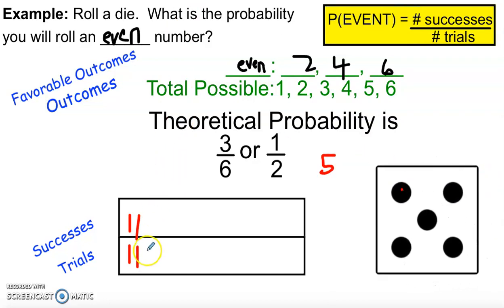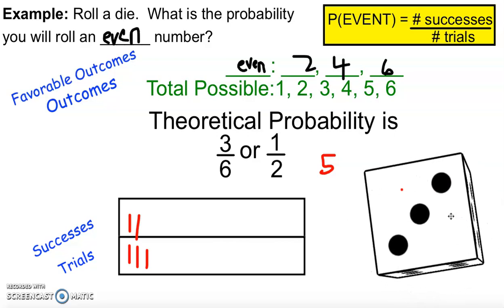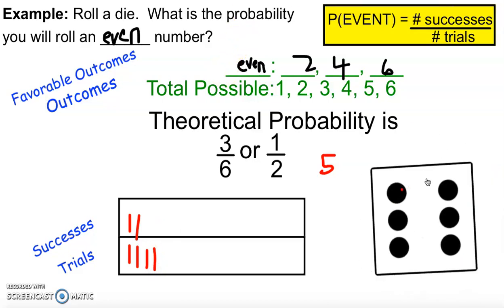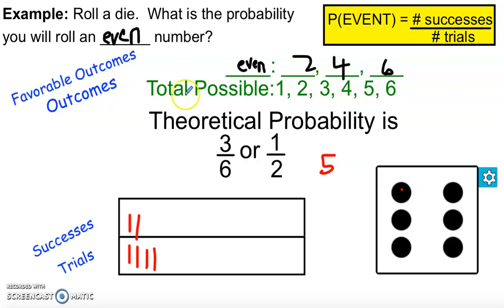That time we just did it and we didn't get a successful one, so that one doesn't count as a success. We didn't get it again. Yep, we got it this time.